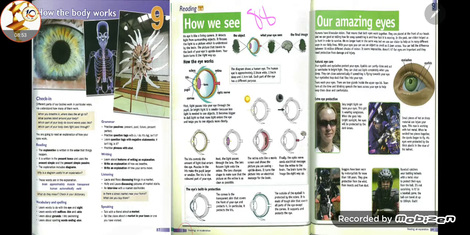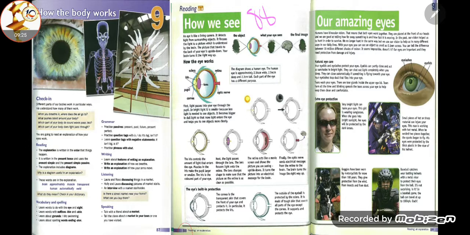Next, the light passes through the lens. The lens focuses light onto the retina. The lens changes shape to make sure that the picture on the retina is as clear as possible. The retina acts like a movie screen and shows the picture you are seeing upside down. It turns the picture into an electrical message for the brain. Finally, the optic nerve sends electrical messages from the retina to the brain.